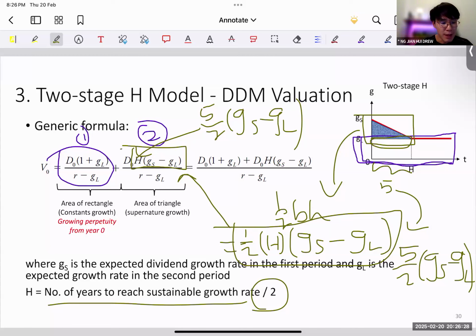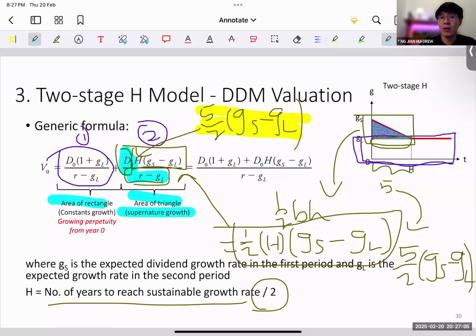And then we multiply by D naught and the growth factor, which goes back to your growing perpetuity. We have a formula here, which is the area under the triangle, and then these two other additional components, D naught and the growth factor. So I like to emphasize this is the area of the triangle of supernormal growth, and your first part is your area of the rectangle.